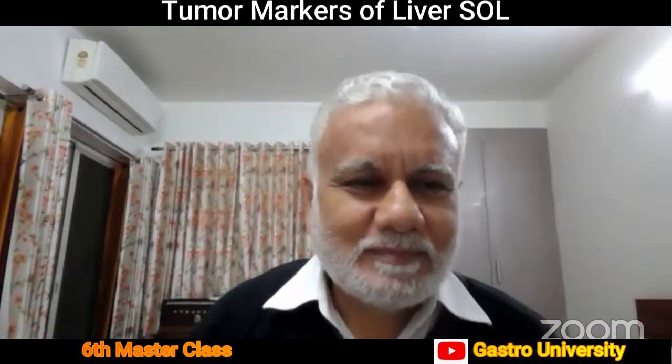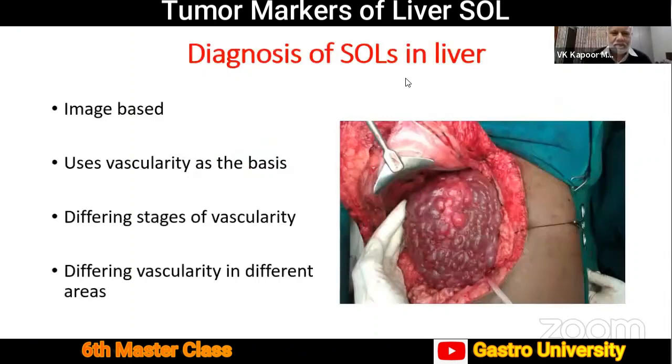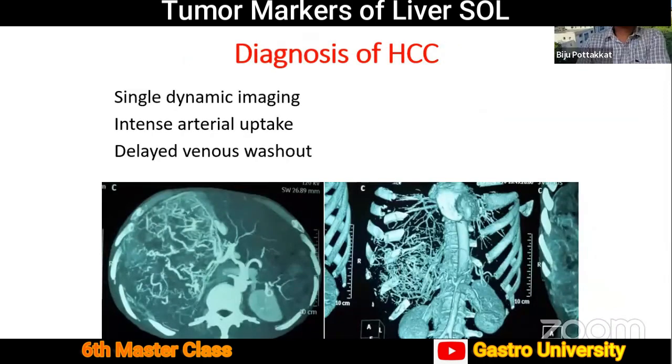So when we talk about HCCs, they are different types of tumors. Our current diagnostic algorithms are basically based upon imaging. But the character which is used in imaging is the vascularity pattern, the appearance, disappearance, and the density. So essentially, the intense arterial uptake is what is used for diagnosis.